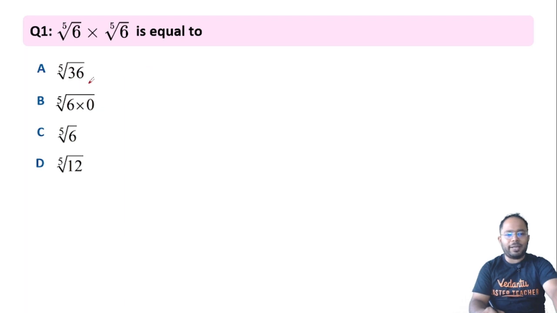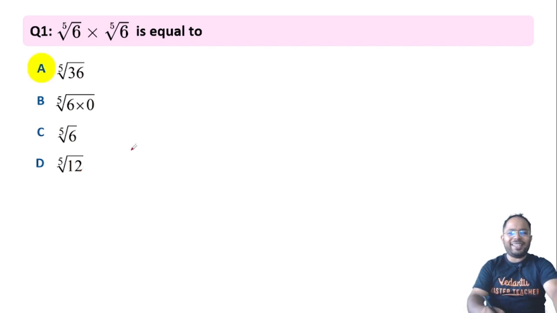Your options are A, 36√5, 6 into 0√5, 6√5 and 12√5. What is going to be the correct answer of it? Quick, you can answer this in 5 seconds. 5, 4, 3, 2, 1.